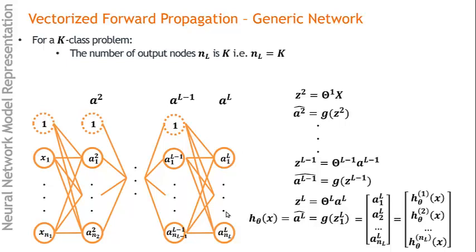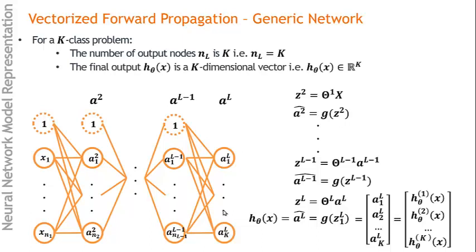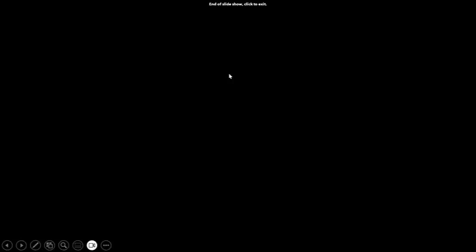Now I'll get more specifically into how training works, how the weights are varied during training, in subsequent slides. The number of output nodes is K, the final output is a K-dimensional vector. And that's it for multiclass classification. A simple extension of what you saw in logistic regression.